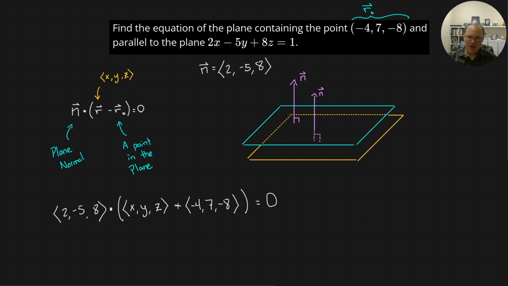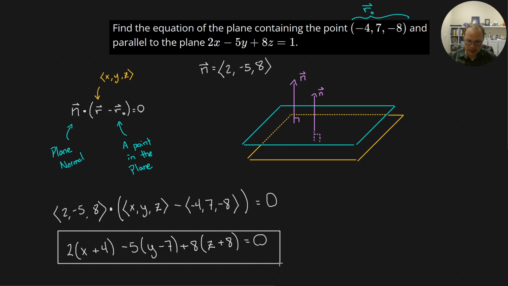Okay, and if I do the subtraction and take the dot product, I would get 2 times x minus -4, so x plus 4, minus 5 times y minus 7 plus 8 times z plus 8 equals 0. And I'd probably leave it there.